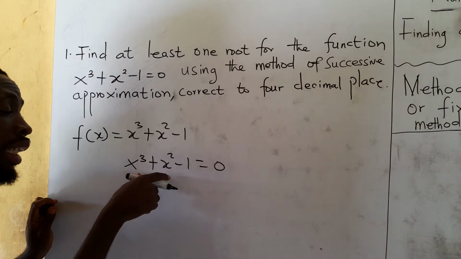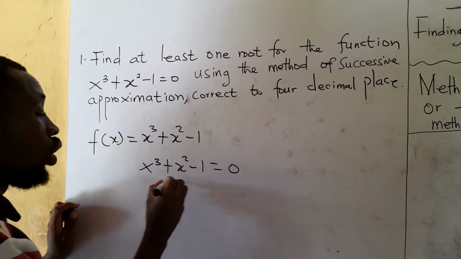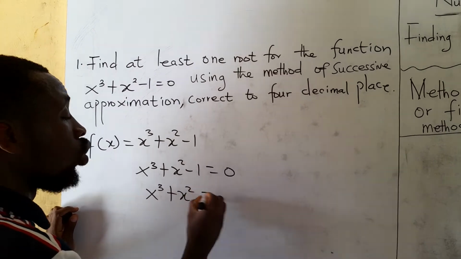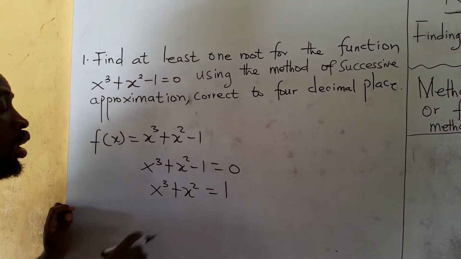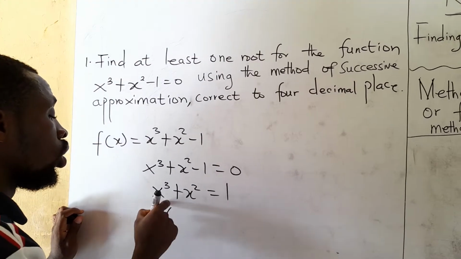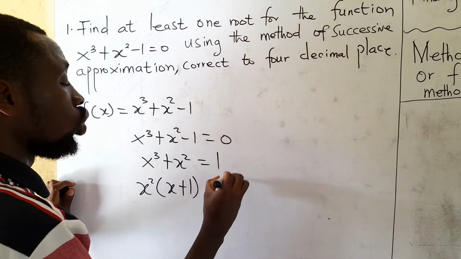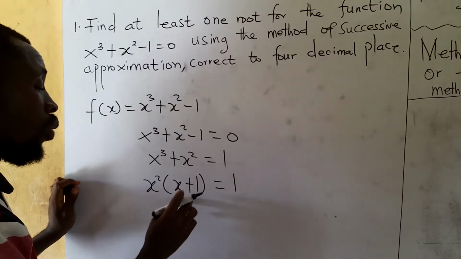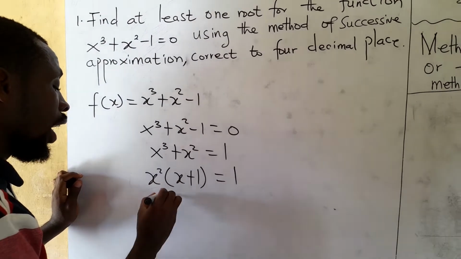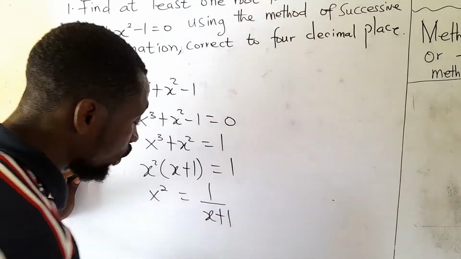Now we try to make x the subject of itself. So we have x cubed plus x squared equal to 1. What is common here? x squared is common. We'll be left with x squared times x plus 1 equal to 1. We can divide both sides by x plus 1, so our x squared will be equal to 1 over x plus 1.